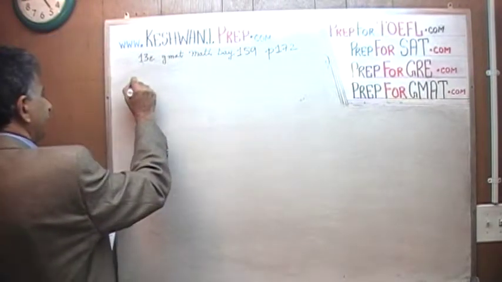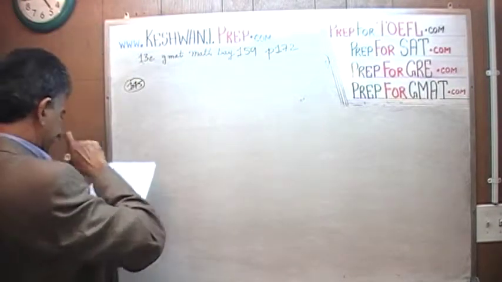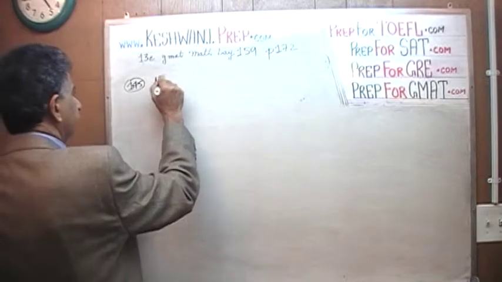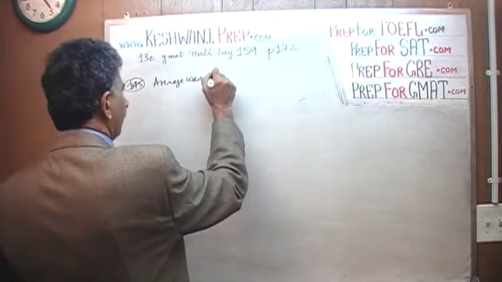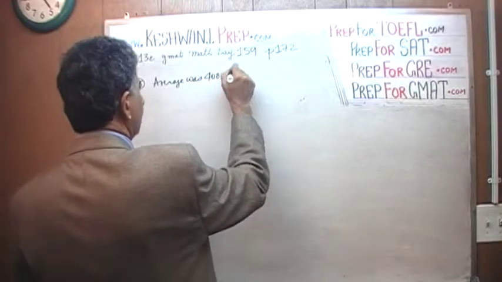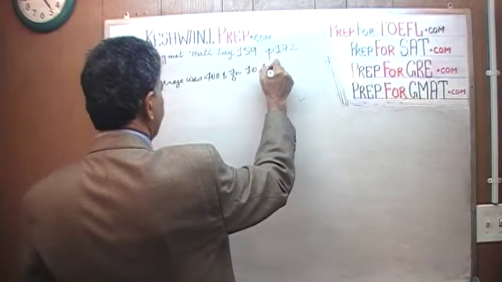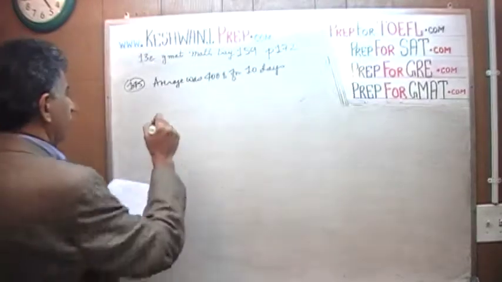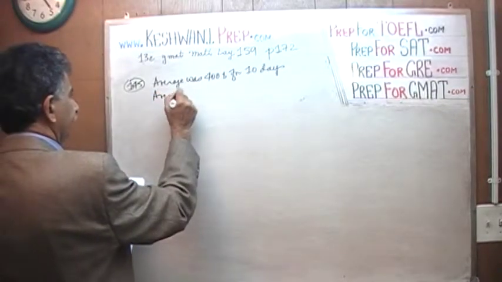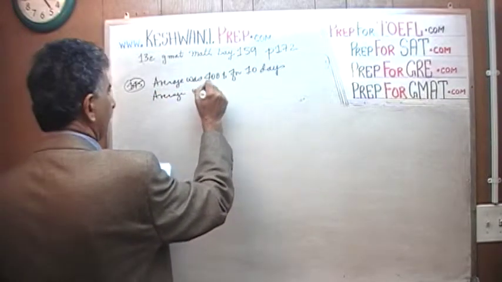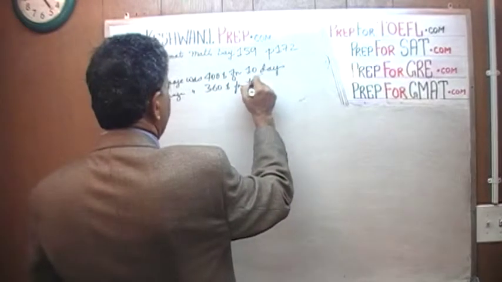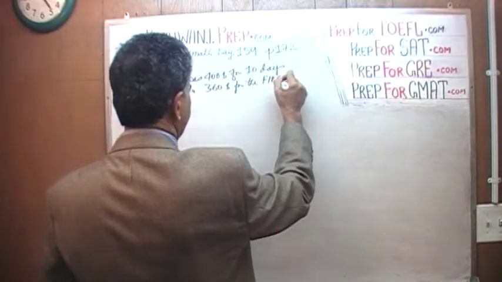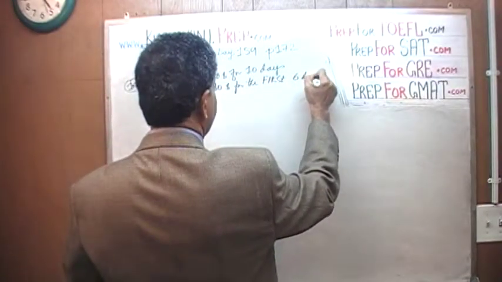In 145 they tell us that the average was $400 for 10 days. They further tell us that the average was $360 for the first 6 days.